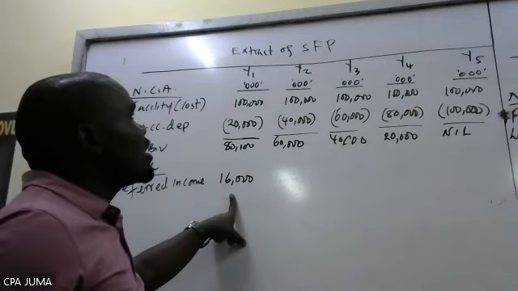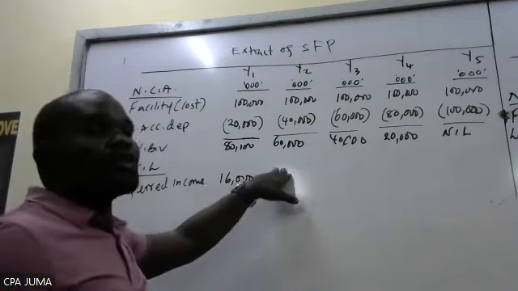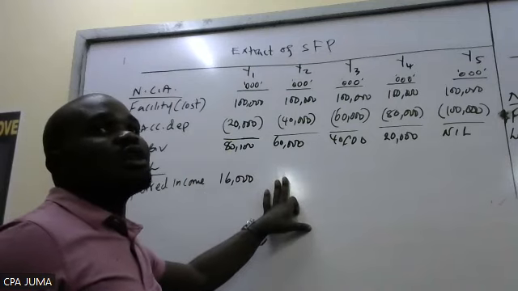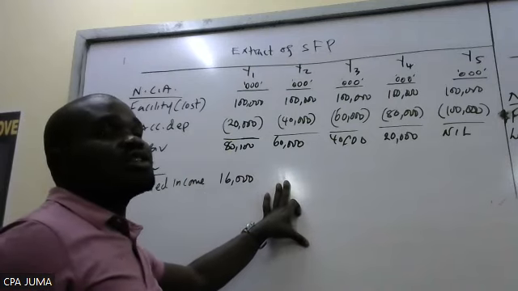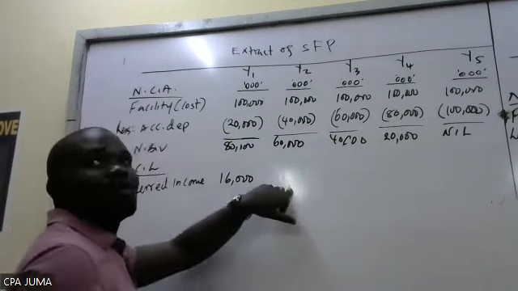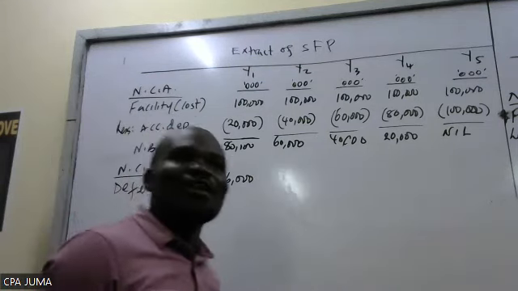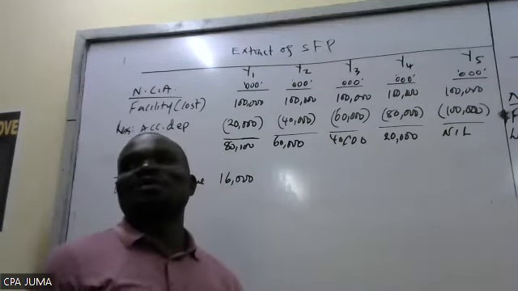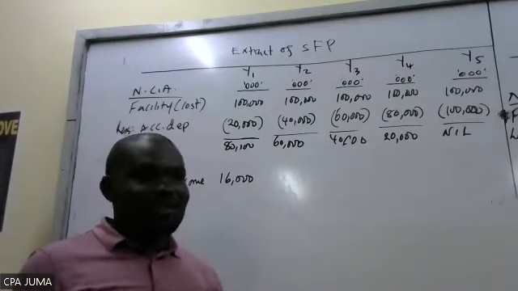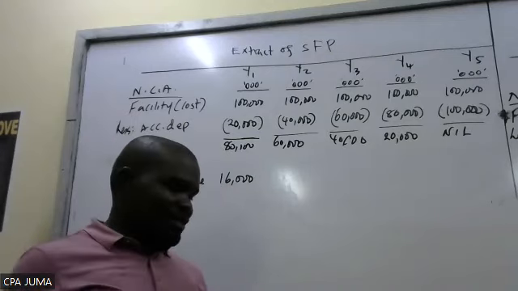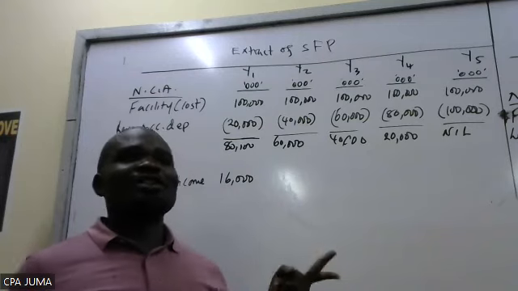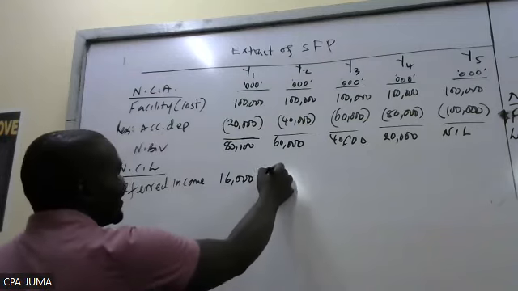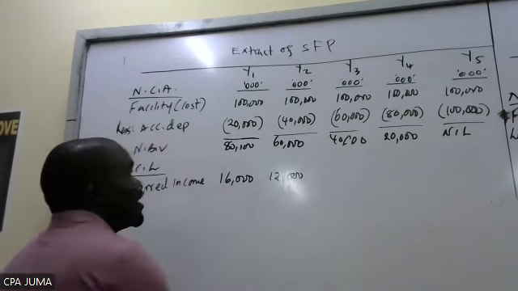Let's go to year 2. By the end of year 2, you're supposed to have utilized how much? 8. So refundable is how much? 12.